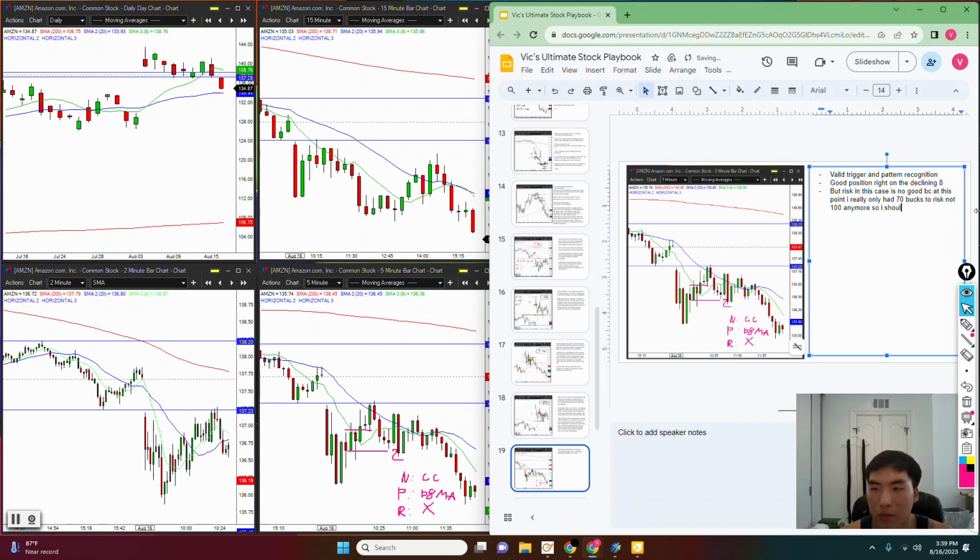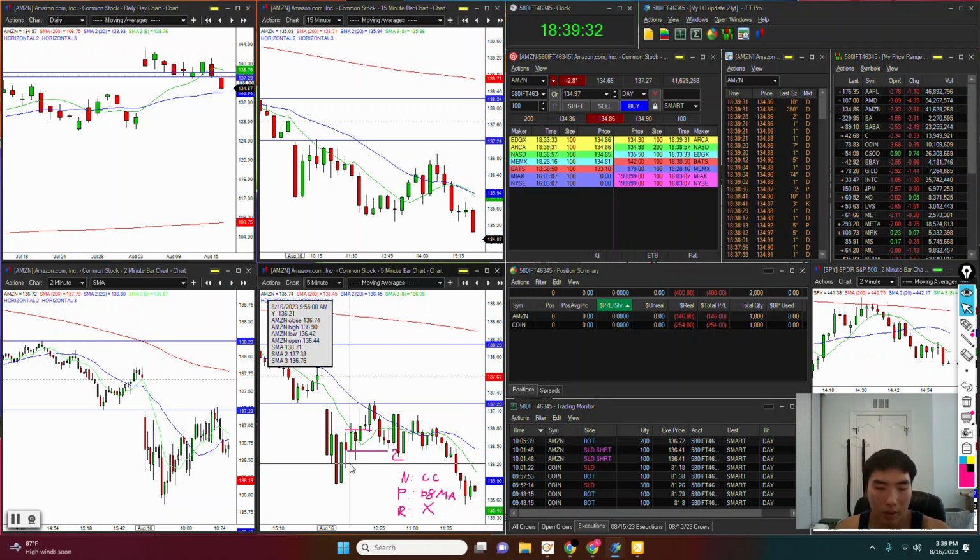So I shouldn't be calculating as if I had 100 to work with. In this case, look, signal bar 90, 42. So what's the range there? 90 minus 42, 48. So on a normal $100 risk, I could afford 2 lots, because I would basically risk 100 bucks.